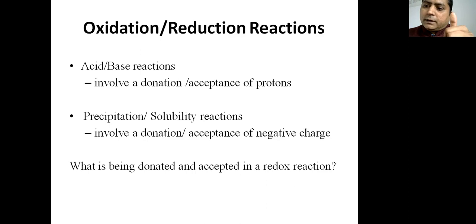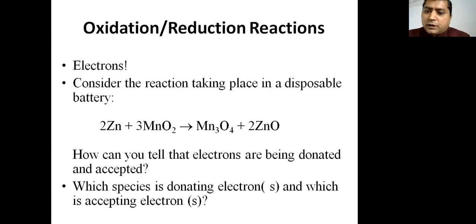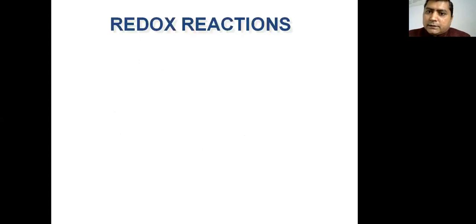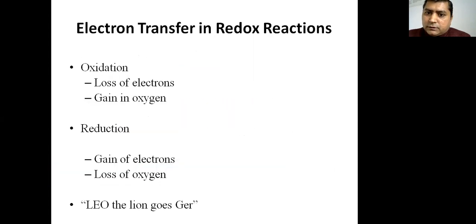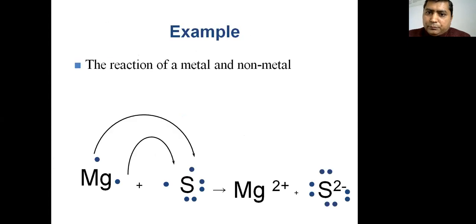Reduction is when a compound loses oxygen, accepts a proton, or accepts an electron. When both reactions take place in the same reaction, it is called a redox reaction. We discussed this in detail.